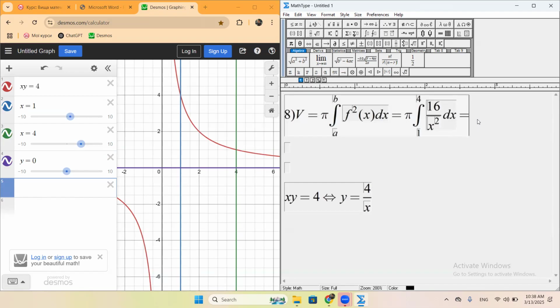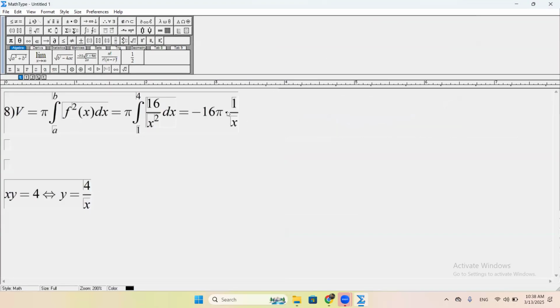So what do we have? Minus 16p, and let's also write the substitution, the Newton-Leibniz formula, substitutions from 1 to 4.